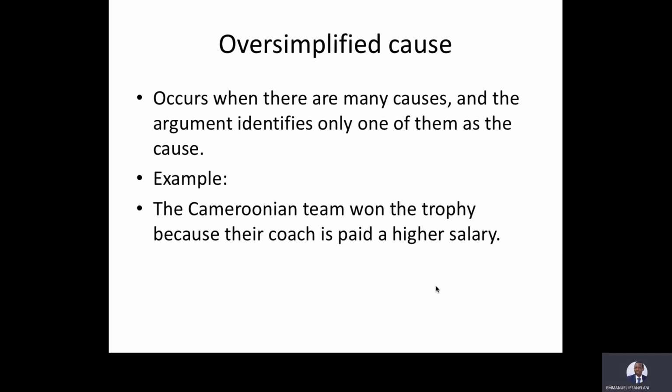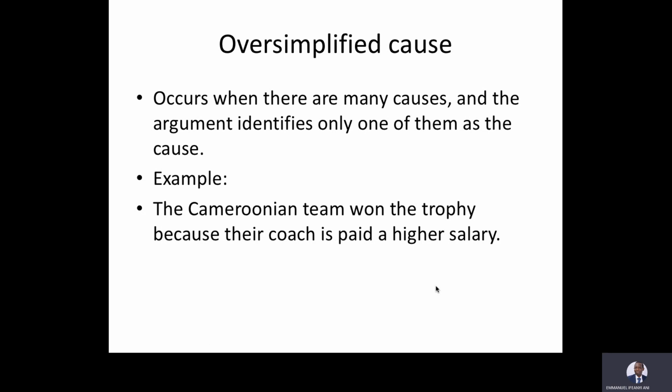Then we have oversimplified cause. Oversimplified cause is when there are many causes, and then the argument identifies only one of them as a cause. Example: the Cameroonian team won a trophy because their coach is paid a higher salary. So this is an oversimplified cause. We all know that a high salary alone cannot give victory.